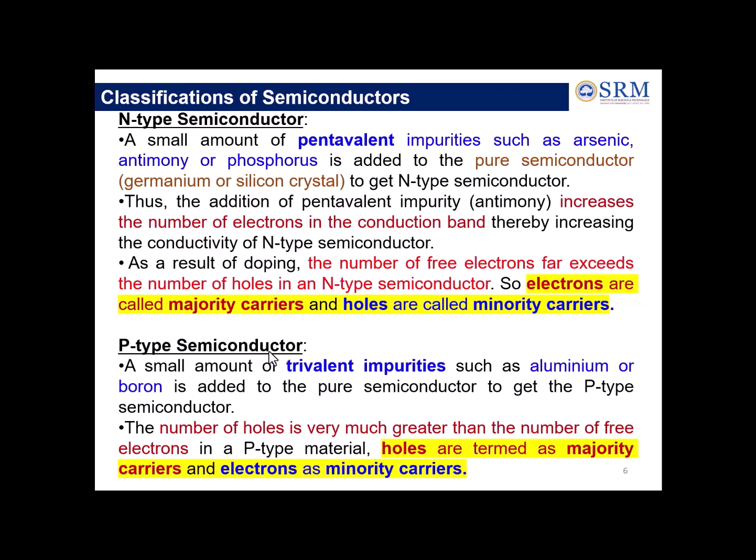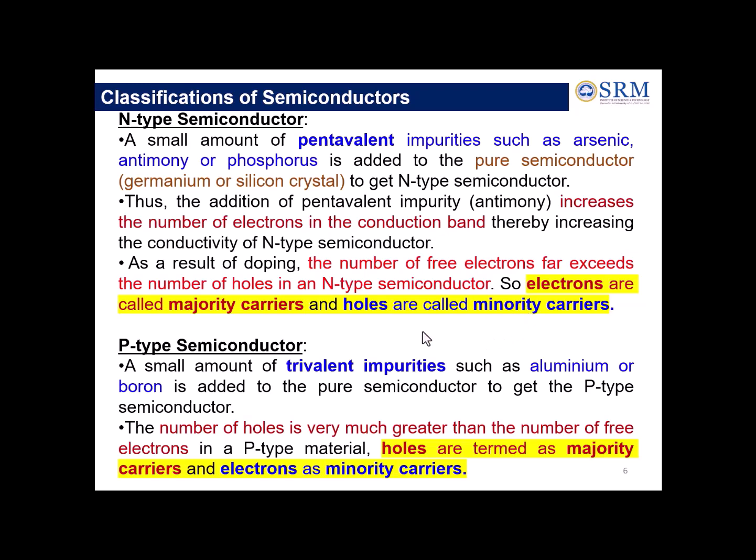The addition of pentavalent impurities increases the number of electrons in the conduction band, so that the conductivity of N-type semiconductor is increased. Because of the doping, the number of free electrons is going to exceed the number of holes in an N-type semiconductor. So electrons are the majority carriers in N-type and holes are the minority carriers.